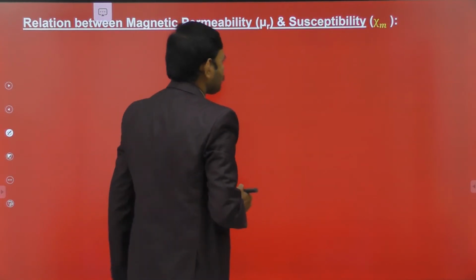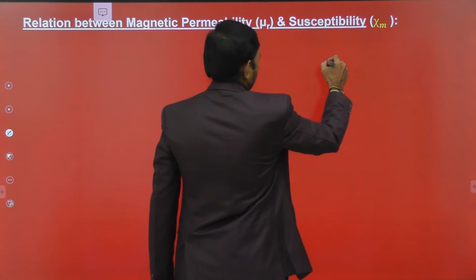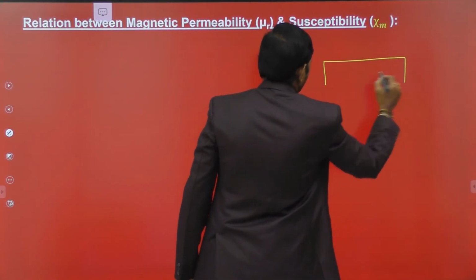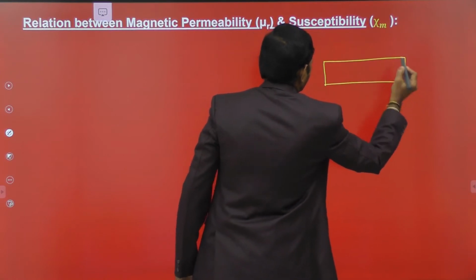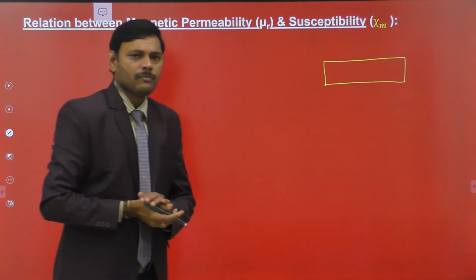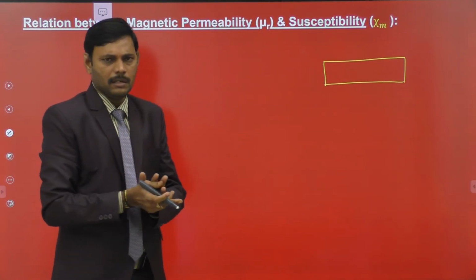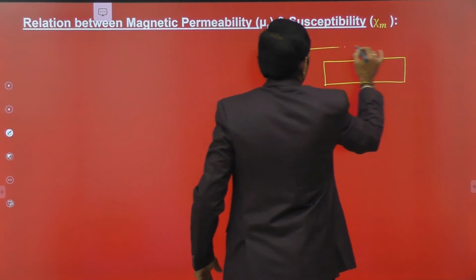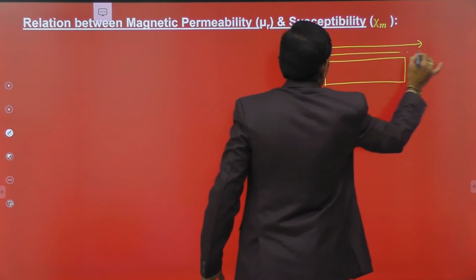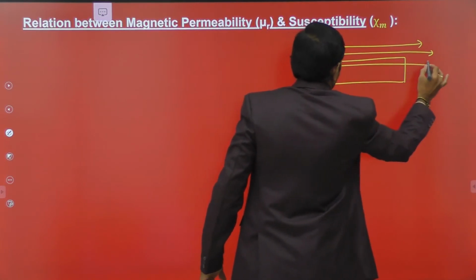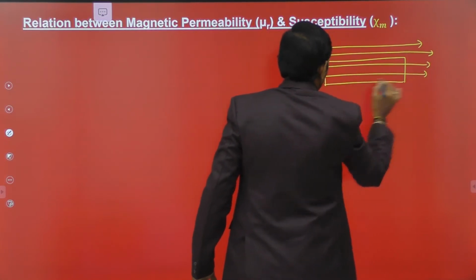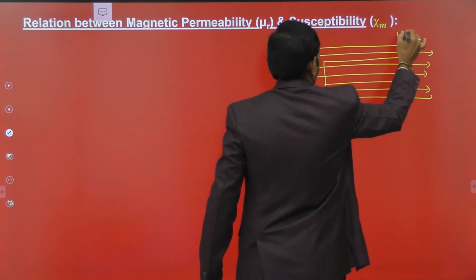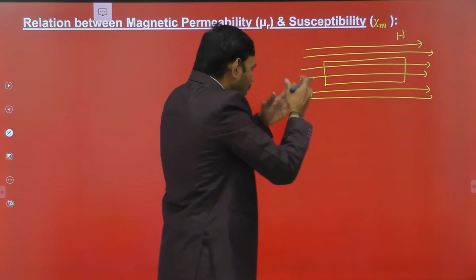So students, let us consider a magnetic material, such as iron or cobalt or nickel, placed in a region. In this region there is already a magnetizing field H present.